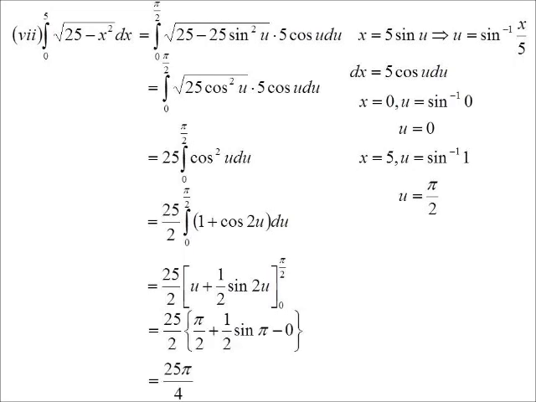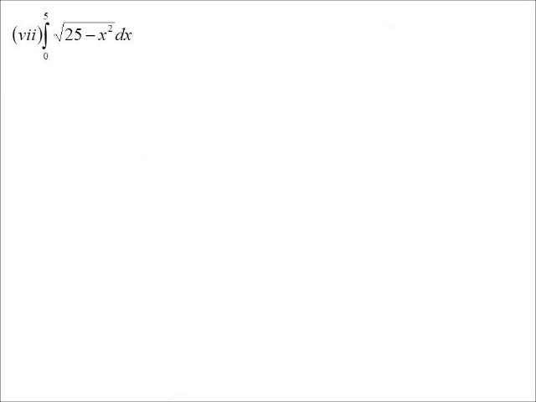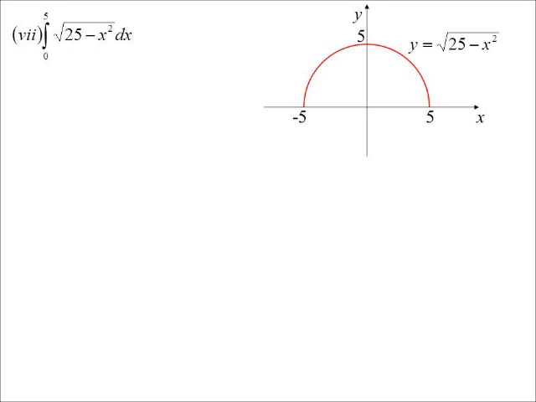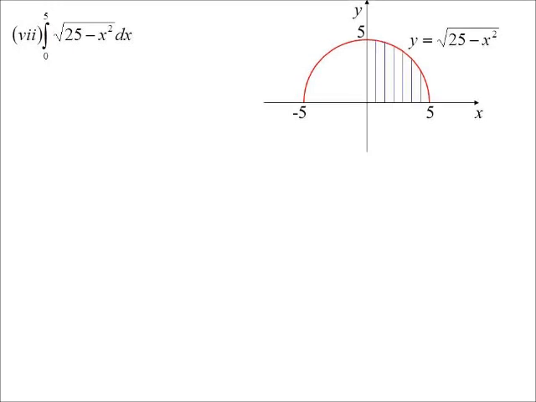Substitute in, 25 pi on 4. Now you go, hang on, Mr. Simmons, that's the same question. Yes, you're right. Because it's another one of those ones where if they give me the substitution, I'm going to cry. Because look at this. Square root of 25 minus x squared. Oh, that's a semicircle. I want to go from 0 to 5. Oh, that's just a quarter of the circle.